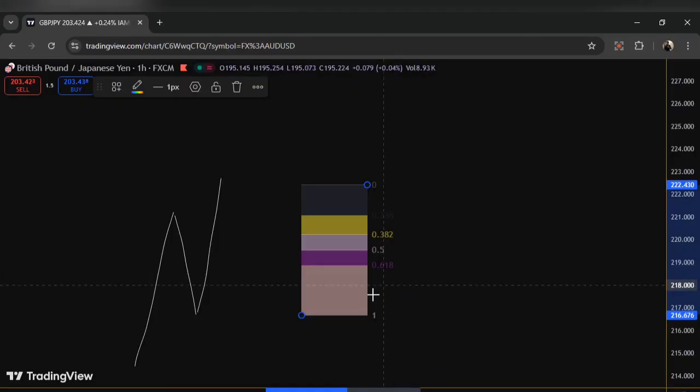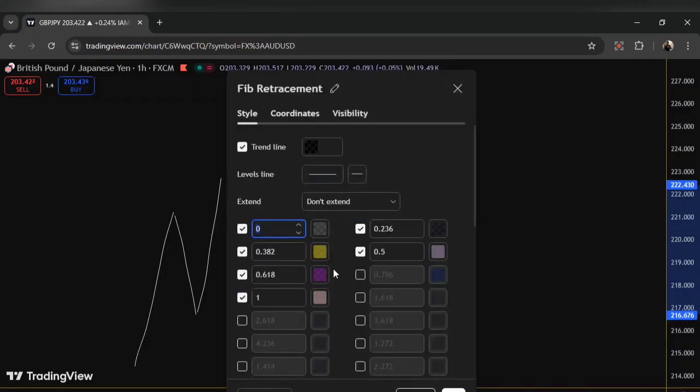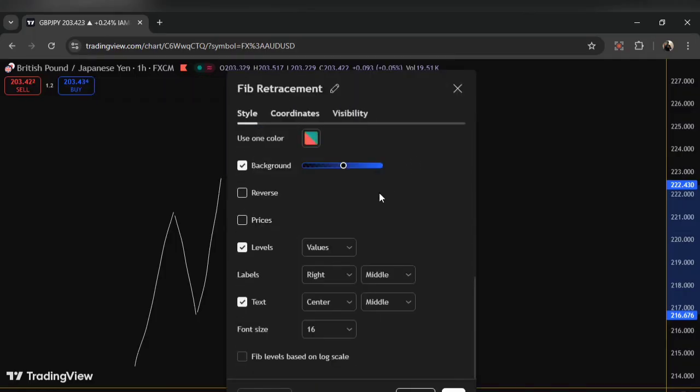And I also use 0.7 in most cases. So this is how the tool is. If you want to customize this tool, you can come here and click settings, and this is how we have the style, coordinates, and visibility.